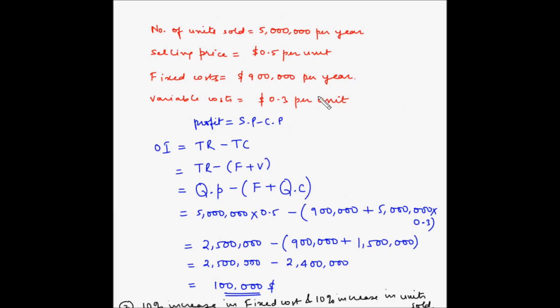So basically this fixed cost is increasing by 10%, so we have to multiply this by 1.1, and the units sold is also increasing by 10%, so we have to multiply this number of units sold by 1.1 as well.